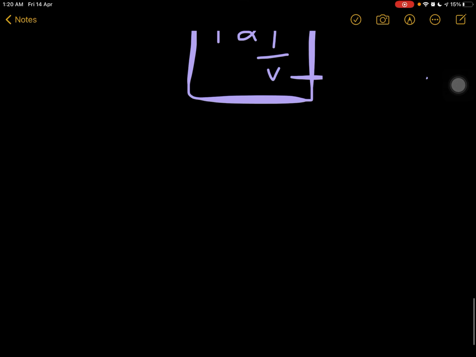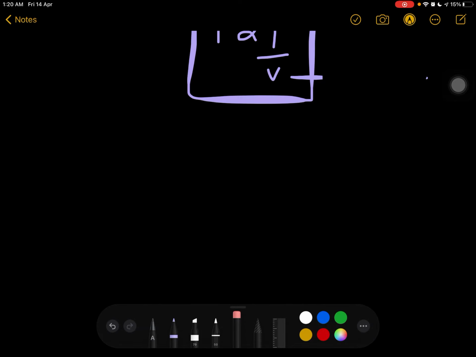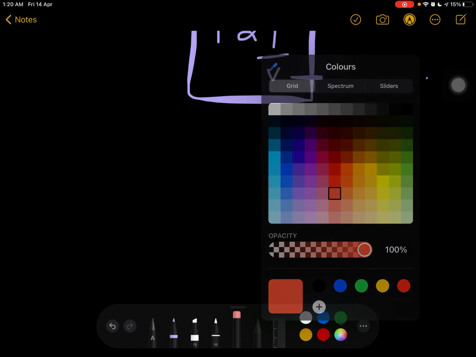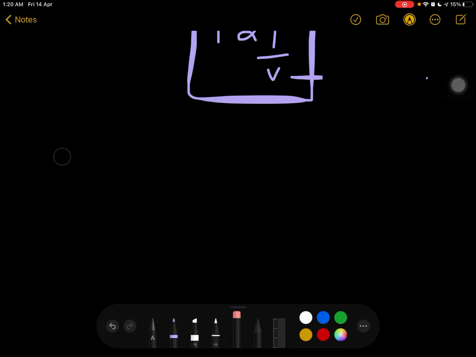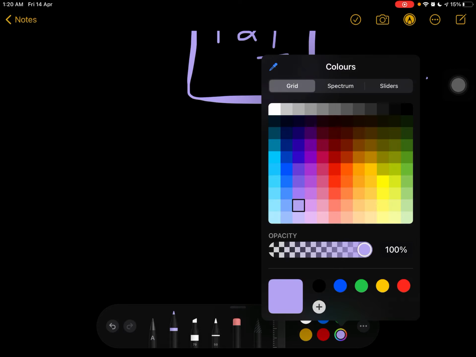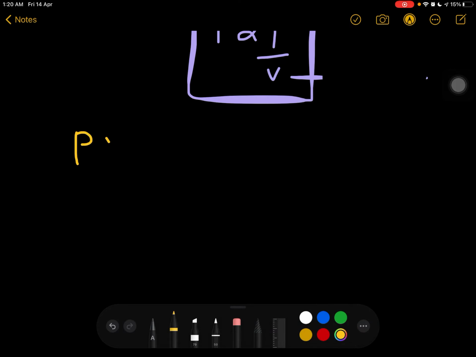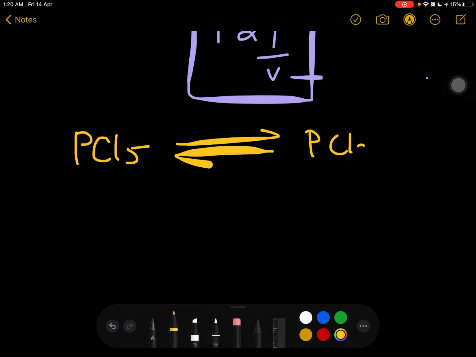For example, PCl5 decomposes into PCl3 plus Cl2. If I ask you what will happen if I decrease the pressure, here we have 1 mole and here we have 2 moles.